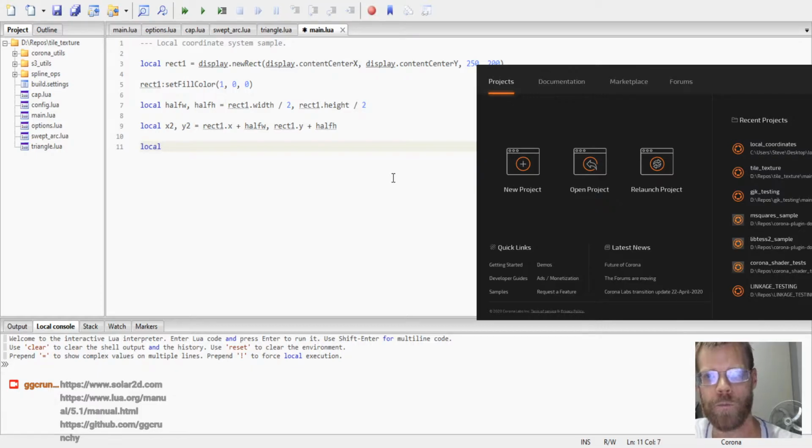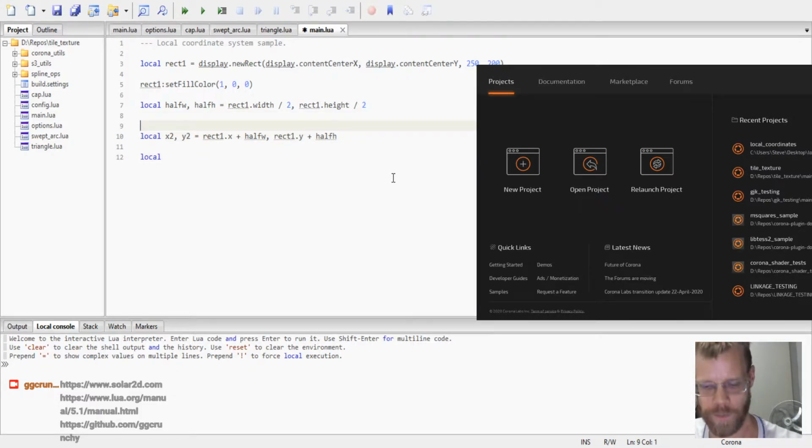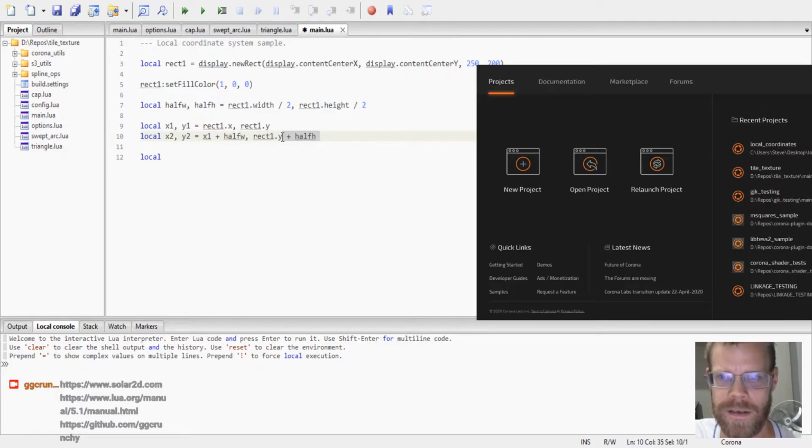So we could, actually, x1 would be that position. Normally you wouldn't need to be quite this specific, but this is for demonstration.